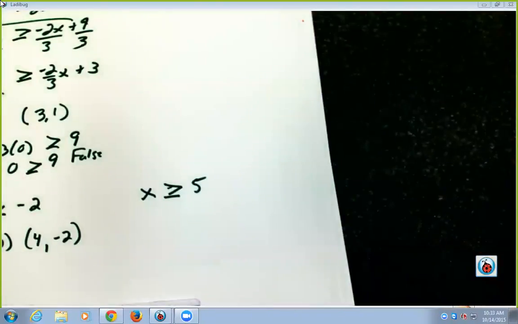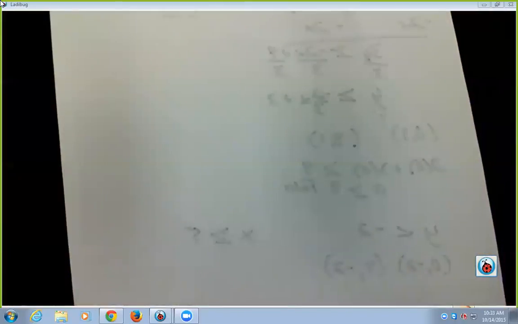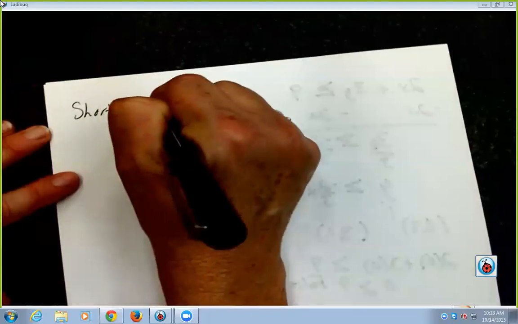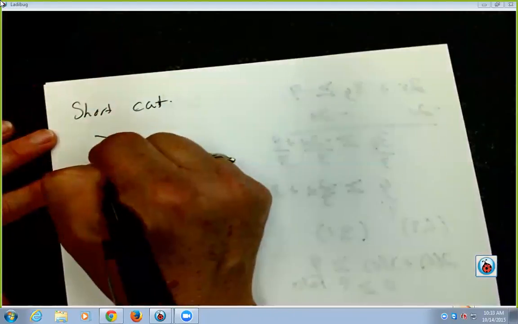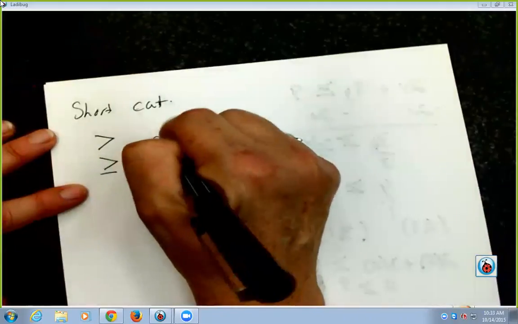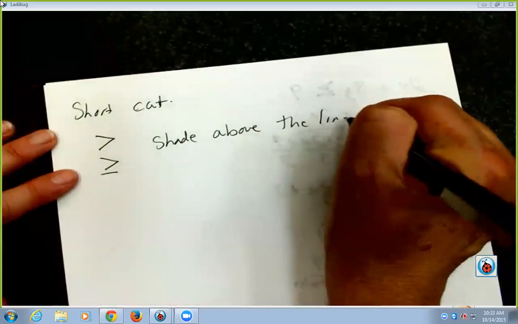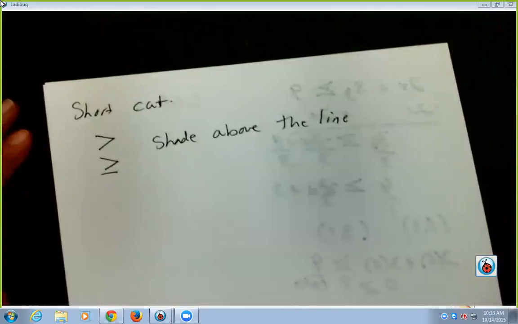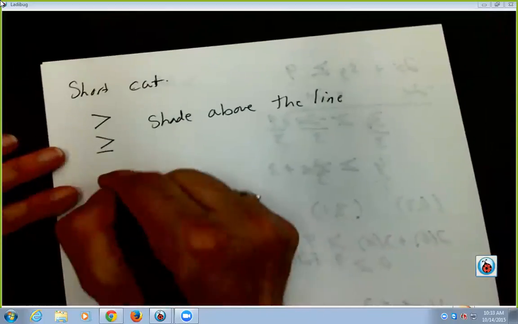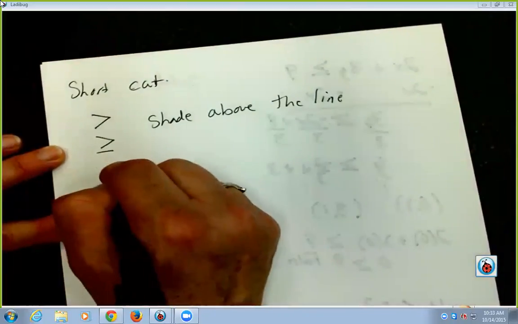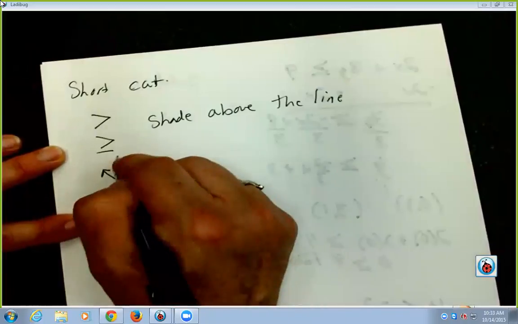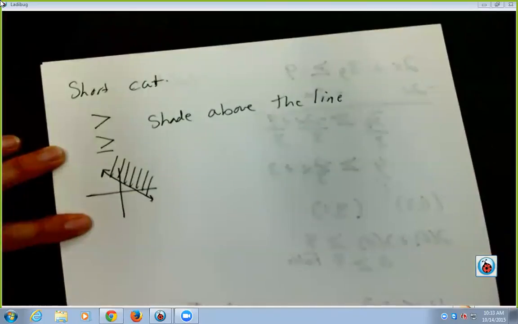So now the shortcut. Want the shortcut? You guys always like the shortcut. And if you can't get into using the shortcut, just use that test point in there. So the shortcut is if it is greater than or equal to, shade above the line. Okay, so shade above the line. So what that would mean is if you had a negative slope, we would shade above the line, okay?